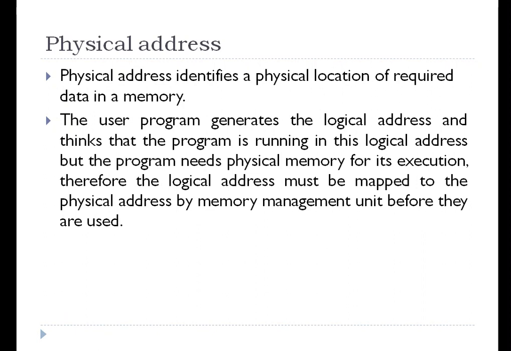The user never directly deals with the physical address but can access its corresponding logical address. Therefore, the user program generates the logical address and thinks that the program is running in this logical address, but the program needs physical memory for its execution.